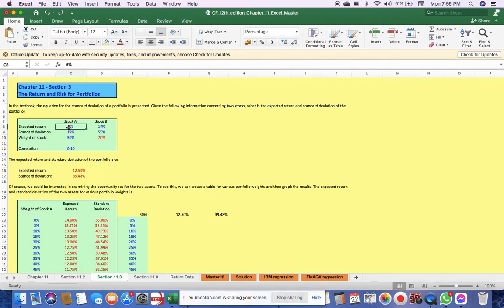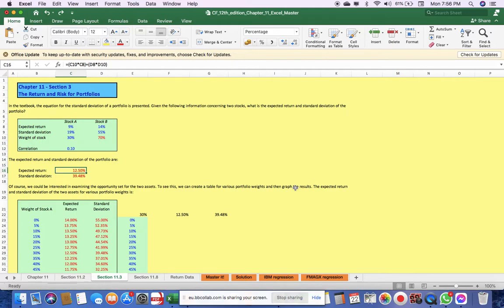Here we have the expected return of stock A and stock B, the standard deviation of stock A and stock B, the weight of stock A, and 1 minus the weight of stock A is the weight of stock B. Stock A you invest 30%, stock B you invest 70%. 1 minus stock A weight is equal to stock B weight. The correlation between them is 0.10, given data. Now, you can calculate the expected return. Expected return is equal to what?